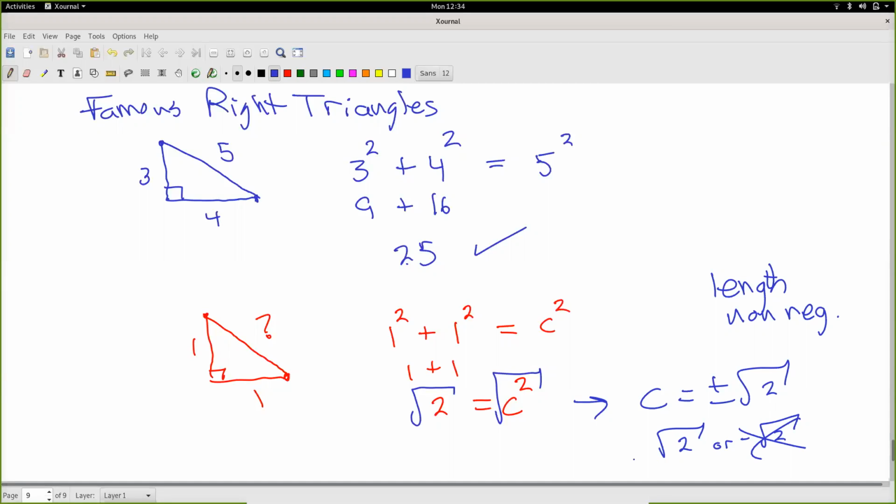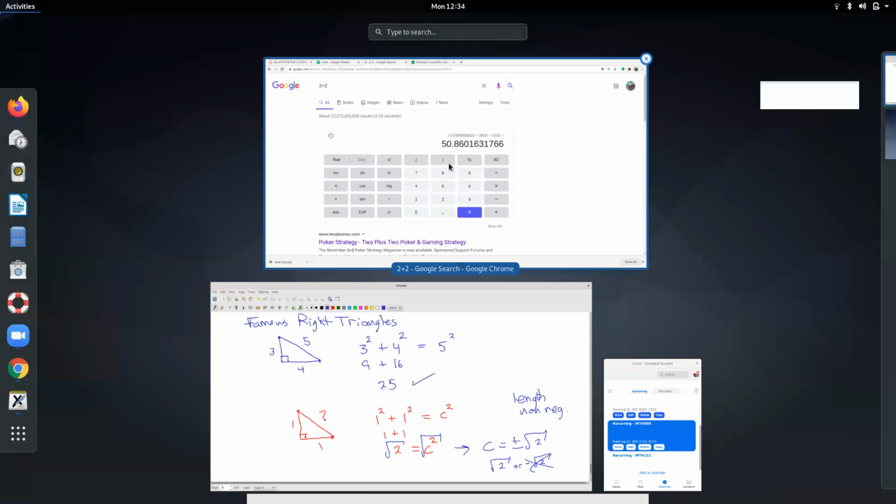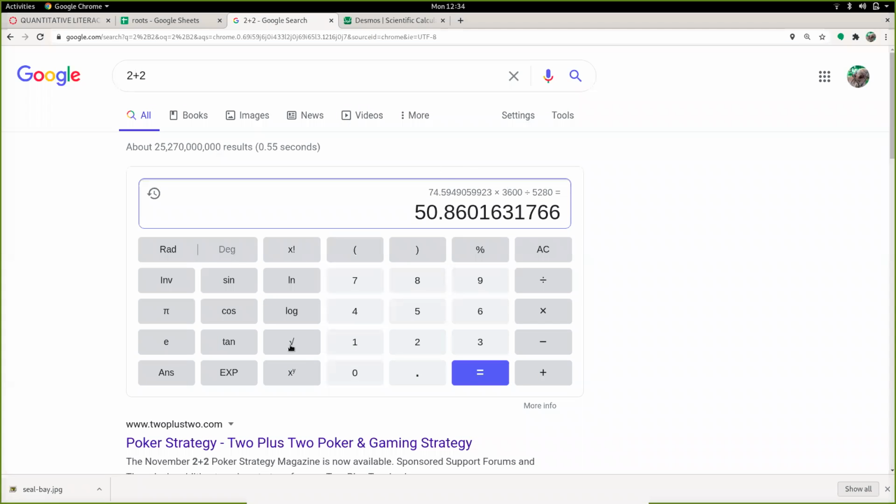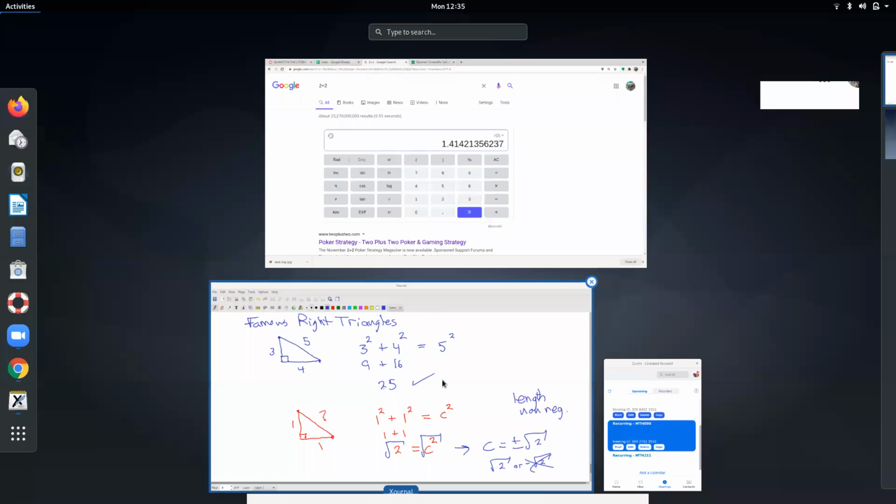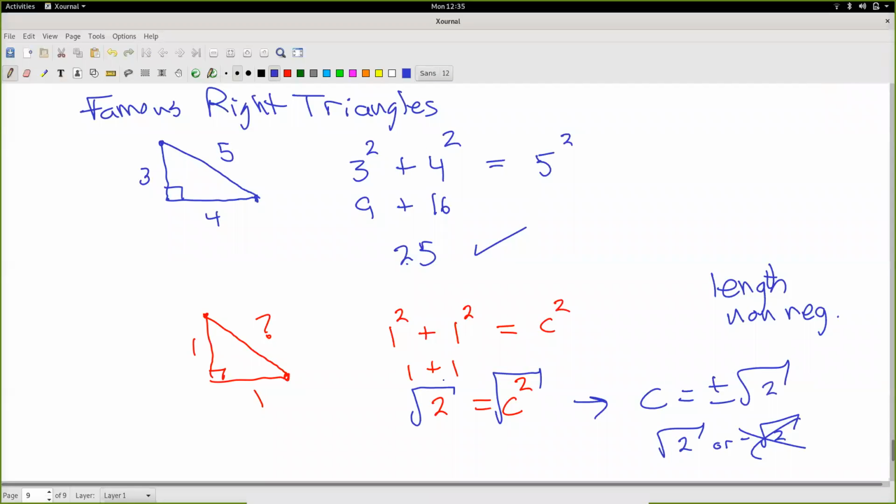So let's whip out a calculator, find out the square root of 2. My calculator says it's 1.414-ish. So it's approximately 1.414.